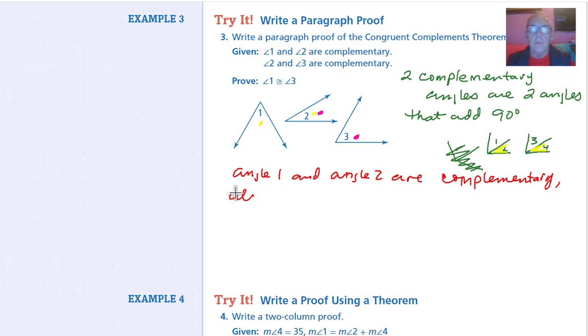Also, angle 2 and angle 3 are complementary. Okay, so we got these 2 complementary to each other. That means 1 and 2 add to 90, and 2 and 3 add to 90.